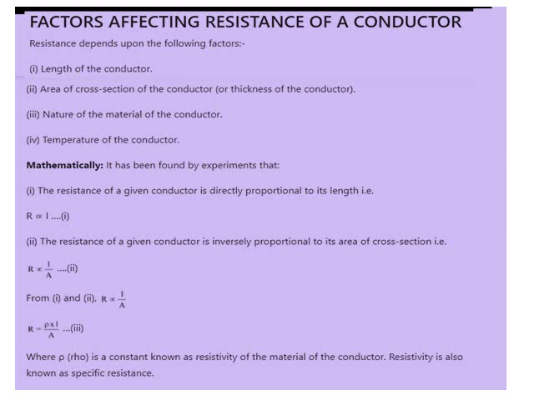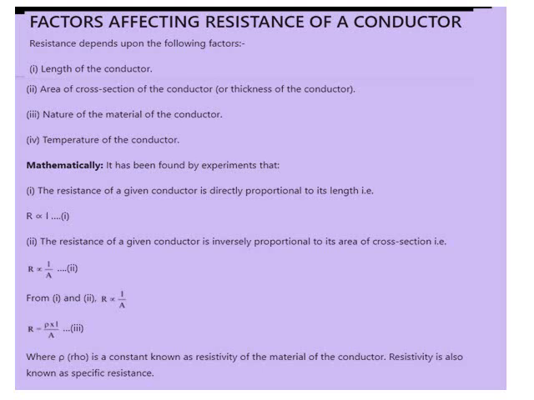It is a Greek letter rho. Where rho is a constant and it is the specific resistance of the conductor, or we simply say resistivity of the material. So R is equal to rho L by A is a very important mathematical equation.